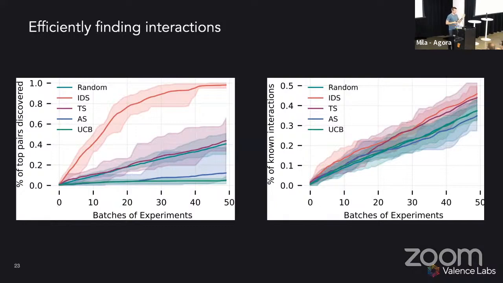We take the top 5 percentile of test statistics because we know all the test statistics in this experiment, and we see how quickly we find all of those. And this information-directed search approach that we looked at on the previous slide tends to find these things very, very fast, faster than things like Thompson sampling and UCB, and certainly a lot faster than random search.